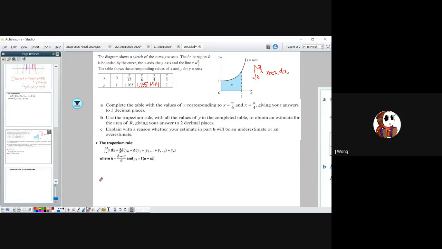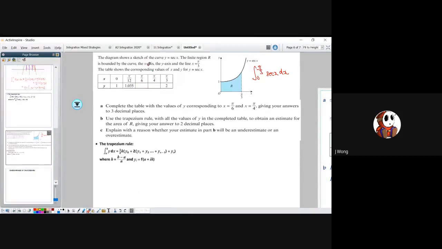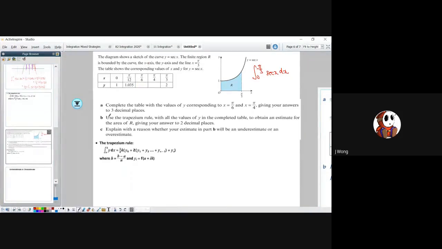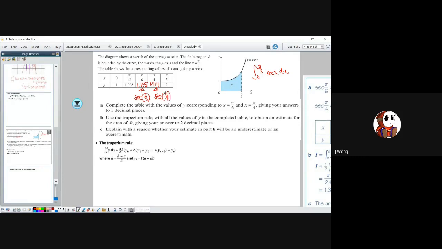So I would like to find a corresponding y value when x is pi over 6 and pi over 4, which means that you could find a value by putting in x as pi over 4 into sec. So that will be sec of pi over 4, which will give me 1.414. And then I could just use the formula.